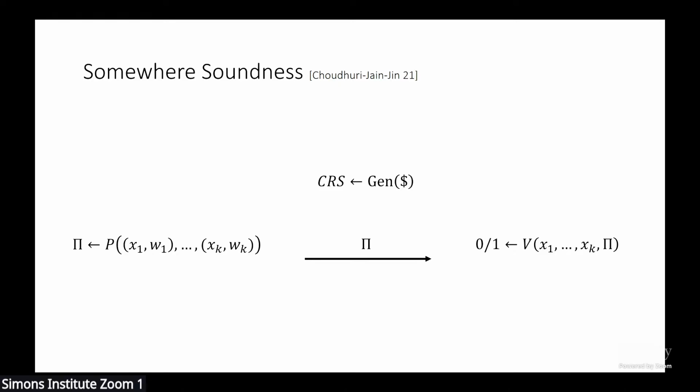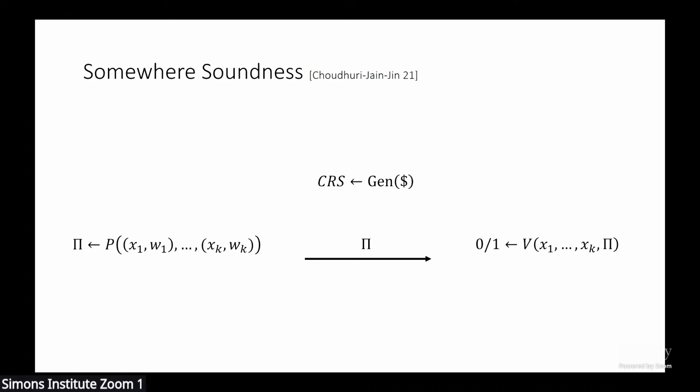In regular soundness, we want all the statements x1 through xk to be true simultaneously. In somewhere soundness, for every index i, we have some indistinguishable hybrid experiment where we're guaranteed that the i-th statement is correct, but there is no one experiment where all the statements have to be correct.